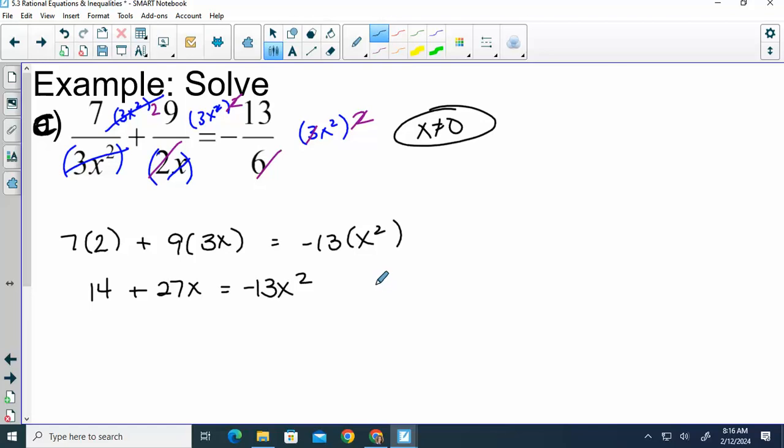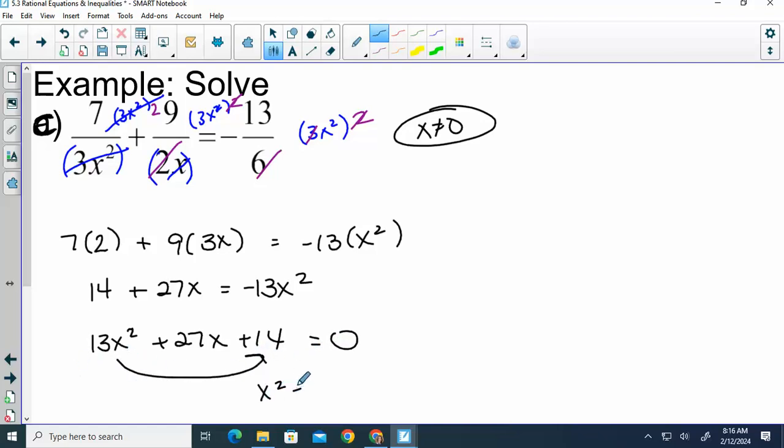Now what? The 13 over. Alright, so we could do slip and slide here. That's true.